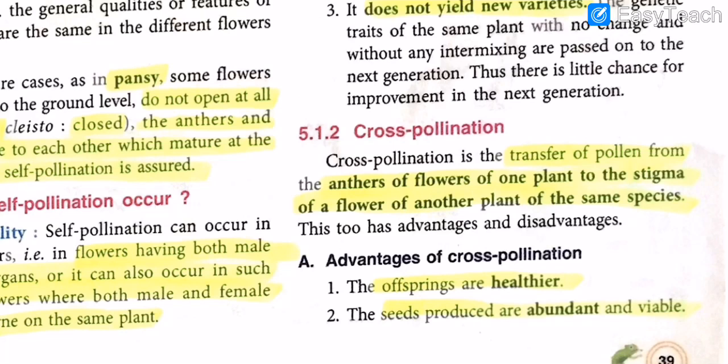Advantages are the offsprings are healthier, the seeds produced are abundant and viable. It can happen, right? Let's say one plant has more nutrients, the other plant is also the best. It has more nutrients, it is healthier, and it is abundant and viable as well.